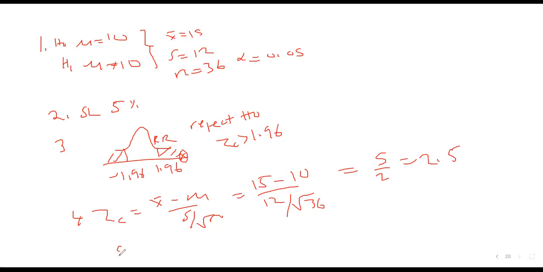So what is our decision? At 5% level of significance, we reject H0. Why? Because our Z calculated is greater than 1.96. All right.